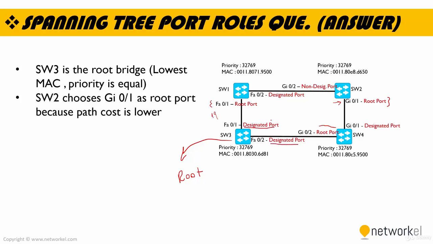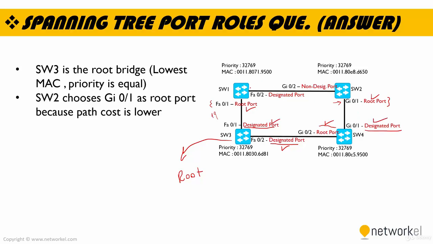Okay, I determined this one. What I told you is that for each segment, for each link between switches, we should have a designated port. So because this is the root port in here, this is going to be the designated port too. Okay, here is okay too.